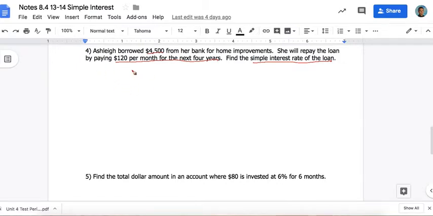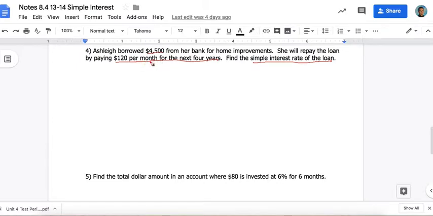Okay, so this one, what we have to do first is we have to figure out how much they're going to pay with the interest and then subtract that from the amount borrowed. And that will give us the amount of interest that was collected, because we have everything except for the rate.